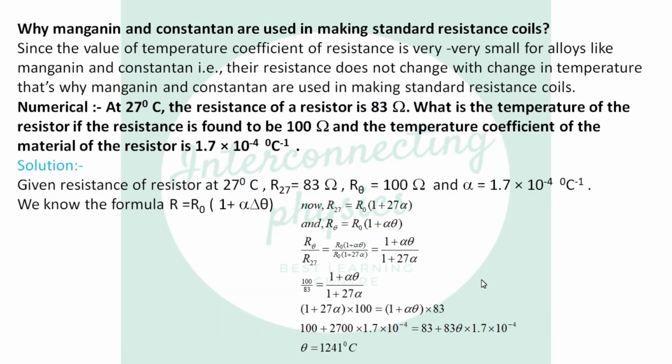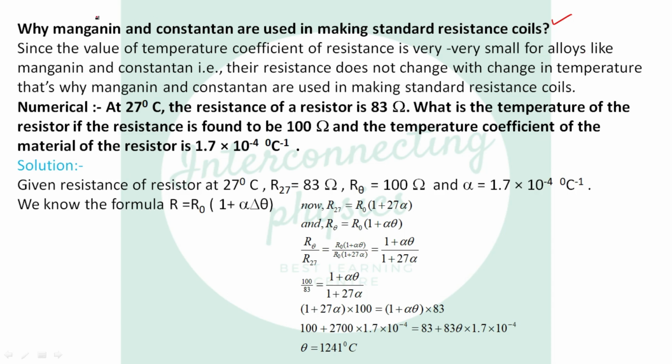Now, why are manganese and constantan used in making standard resistance coils? This is a very important question, because when we talk about a standard resistance coil, we use only two materials, manganese and constantan. The value of the temperature coefficient of resistance is very small for alloys like manganese and constantan.